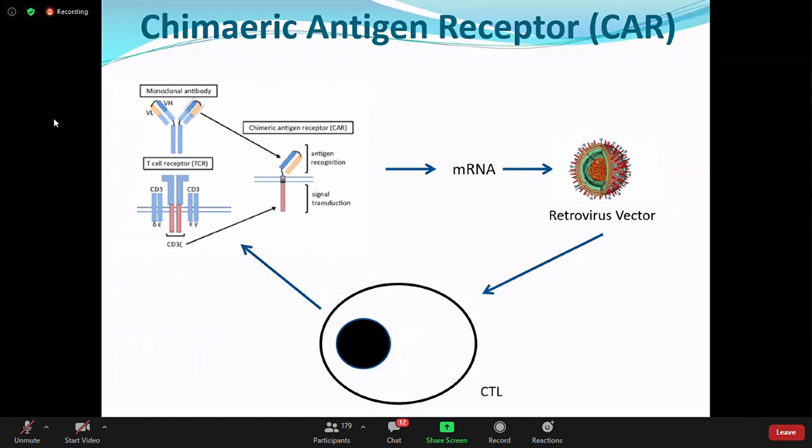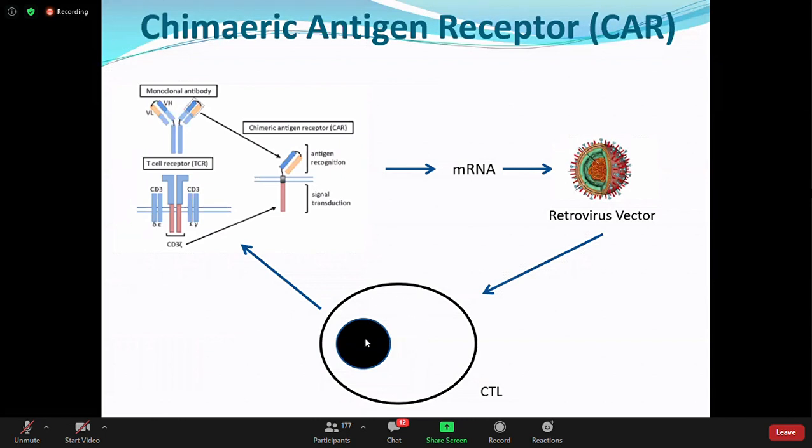So you take out the gene sequence which codes for this antigen binding region, and then you link it to the signaling sequence of a T cell receptor. So now you insert that into a functional cytotoxic T cell.